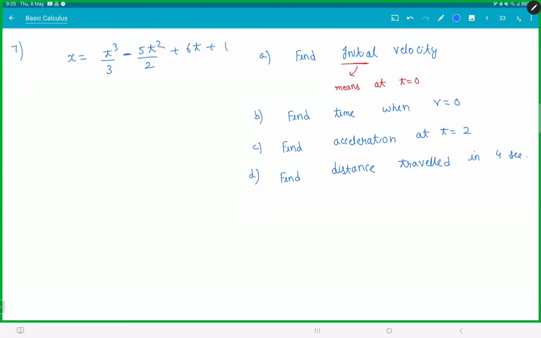Okay, we have got distance 20 by 3. Anyone else got 20 by 3 distance? I think it's 19 by 3.